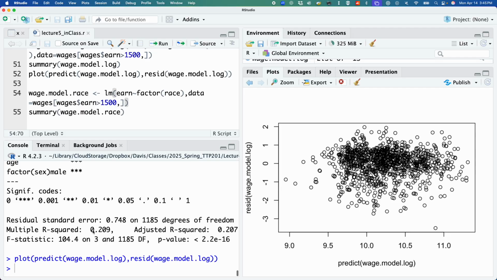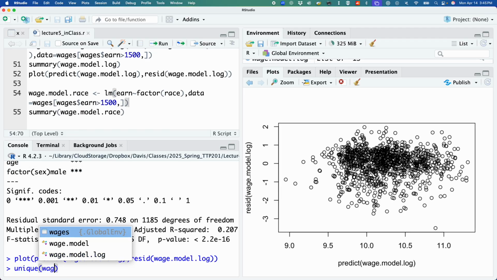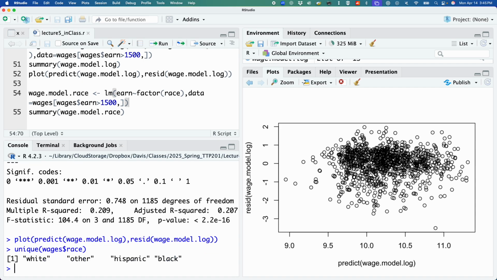And actually, let me type this first: unique wages dollar race. So in the data set, there's 4 races being represented: white, other, Hispanic, and black. Okay?